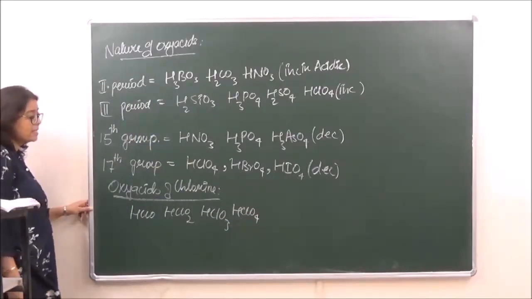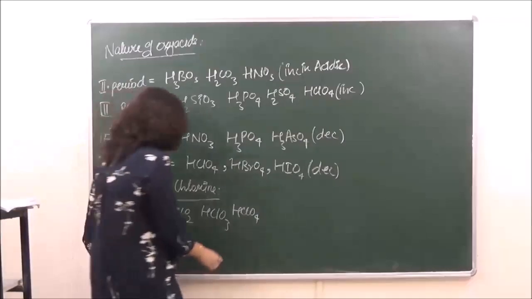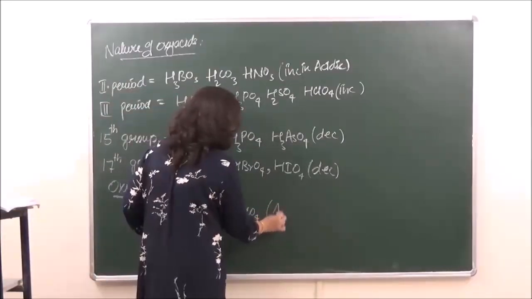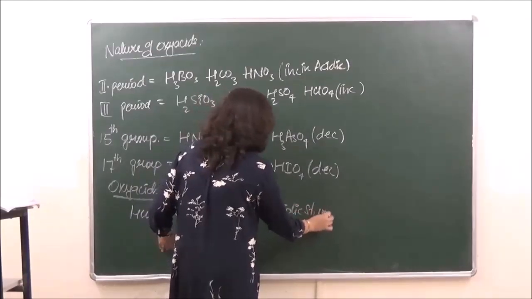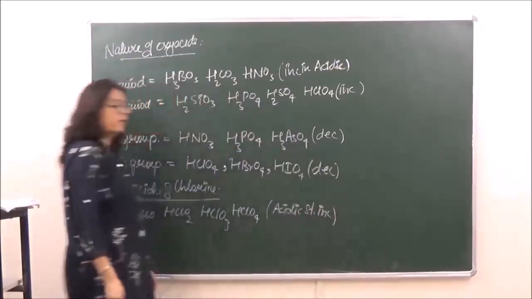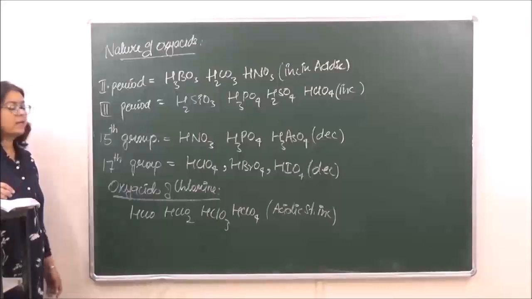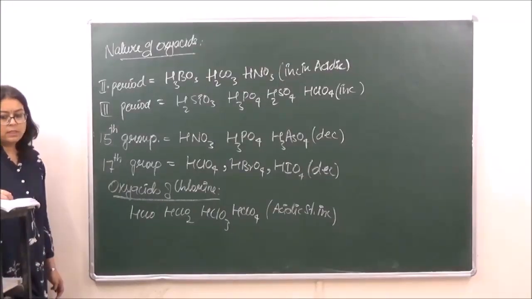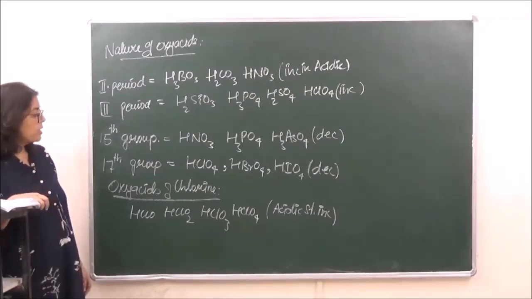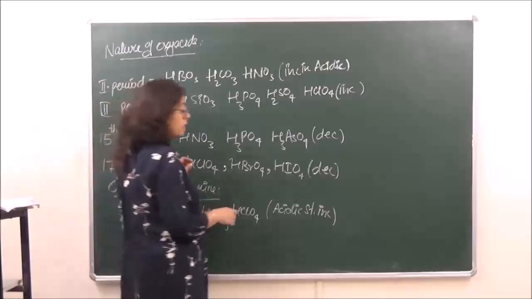Amongst these, the acidic strength increases when we are moving from HClO to HClO4. ठीक है, strength भी increase होगी, stability भी increase होगी, oxidizing nature decrease होगा.